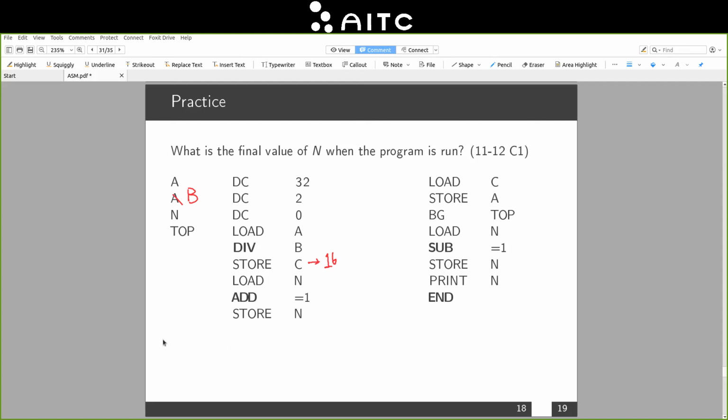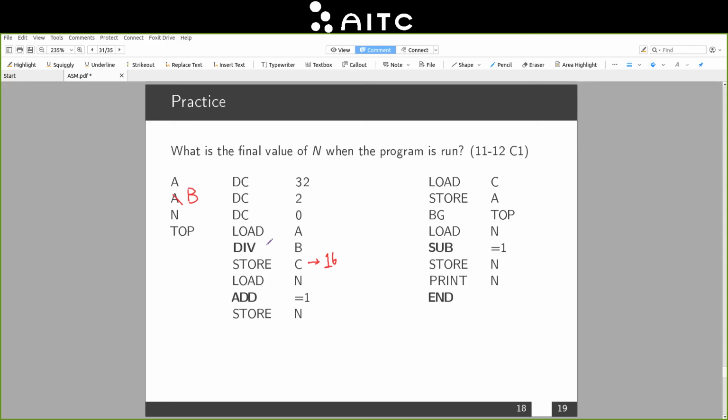Sorry, I still want to know how to use the div. Div is divide. Divide the value in ACC. Yes, and the ACC is A, and LC is B and N, correct?